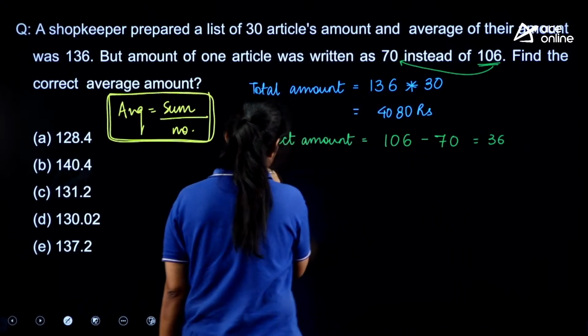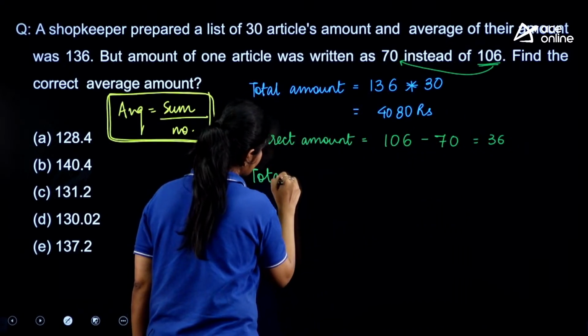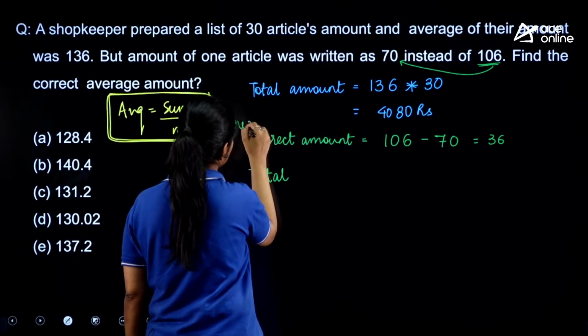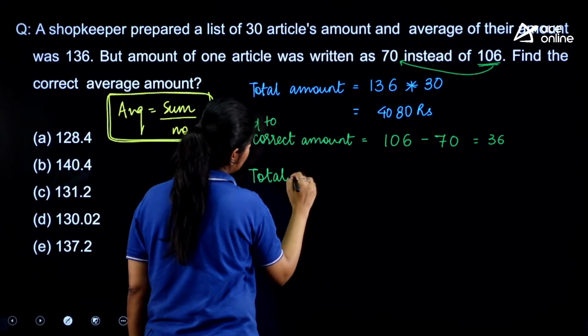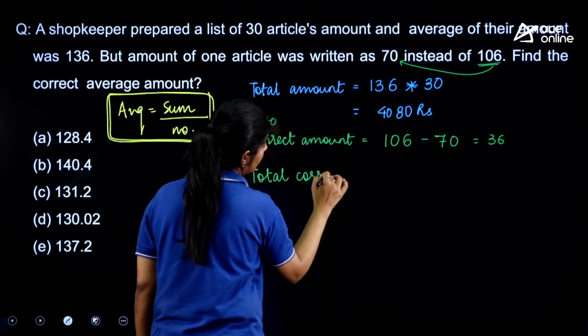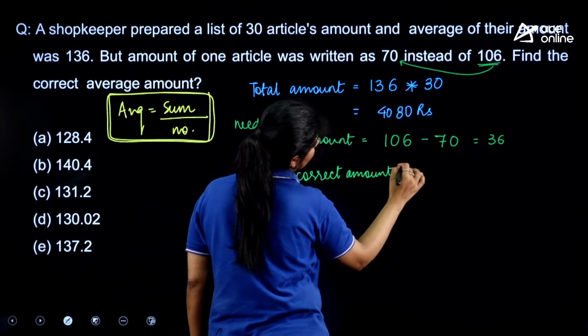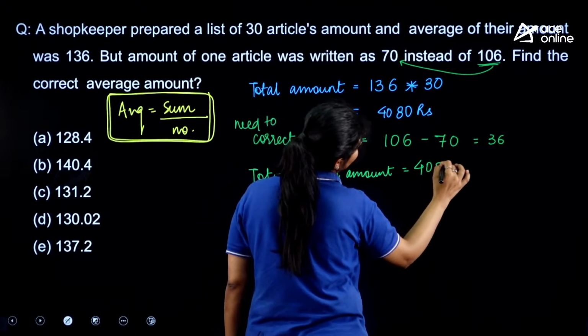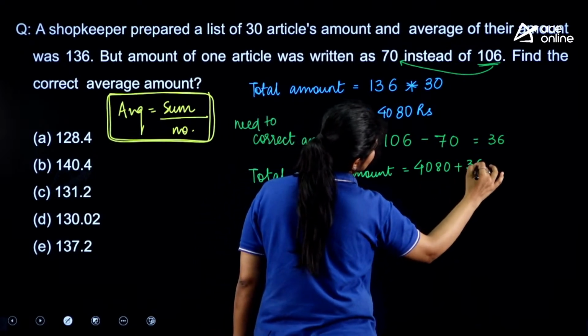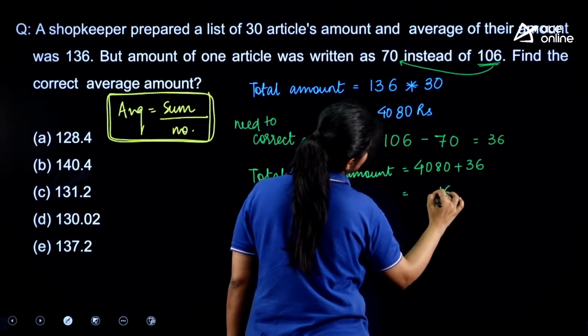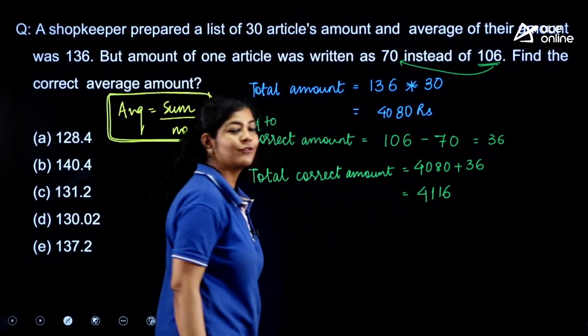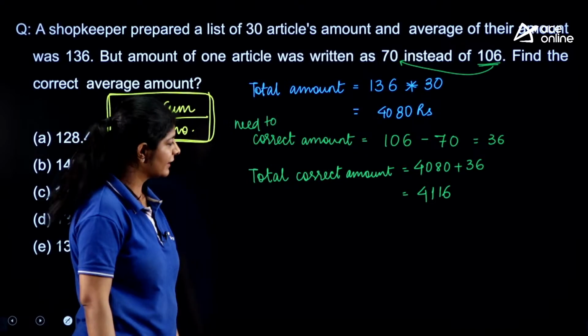So the total correct amount is nothing but 4080 plus 36, so 4116, that's your correct amount.